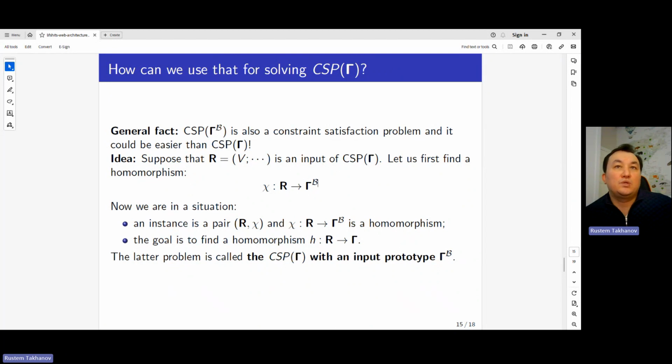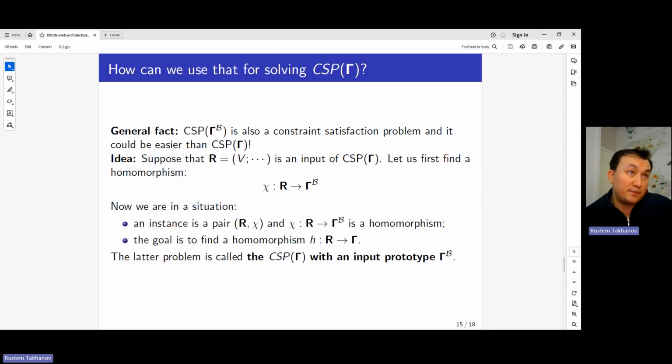This simultaneously gives us a reformulation of our initial problem. So our goal was to find a homomorphism from R to gamma, but now, besides a relational structure R, we are also additionally given a homomorphism that we just found from R to gamma superscript B. So this is another problem, which is called CSP with an input prototype.